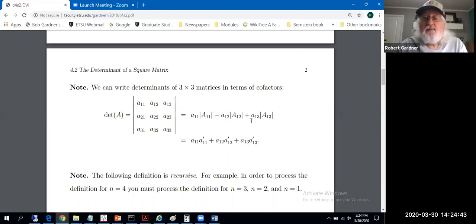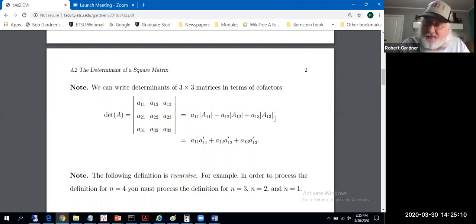Switch back to positives. That was our definition for 3 by 3, but you see where that alternating plus minus stuff is going to come from with those powers of -1 when we deal with this more generally. And finally, we took A13 times the determinant of the associated minor matrix in our current lingo, which would produce this as an expression for the determinant of a 3 by 3 matrix.